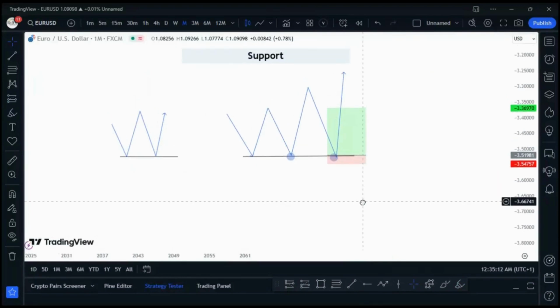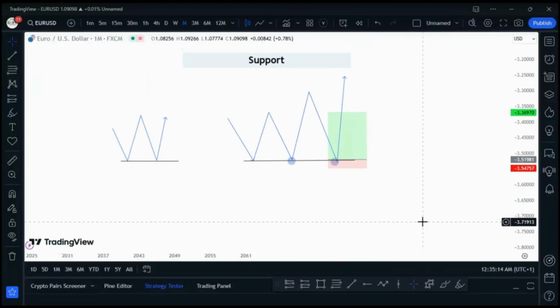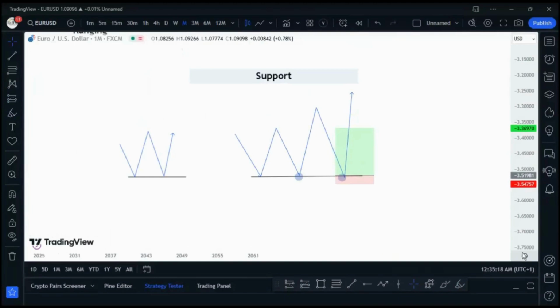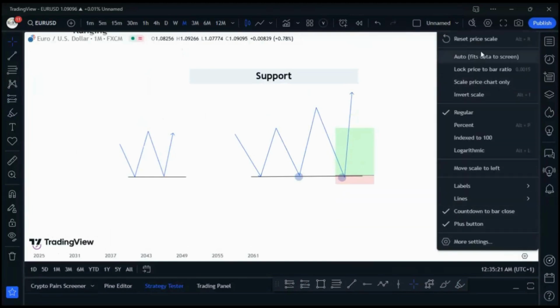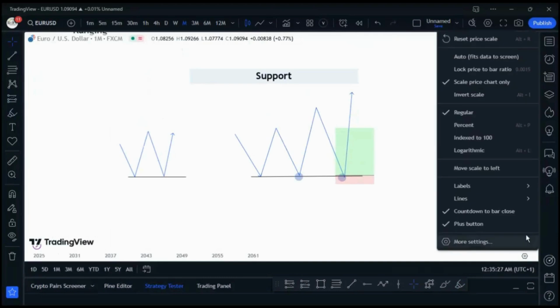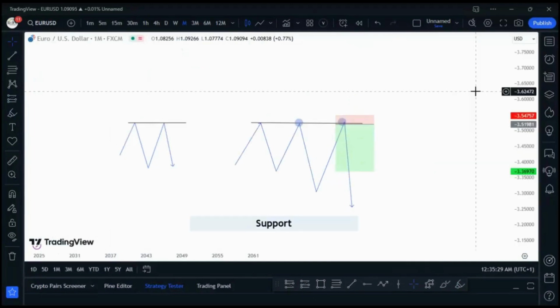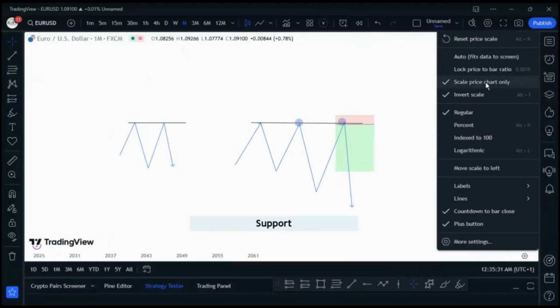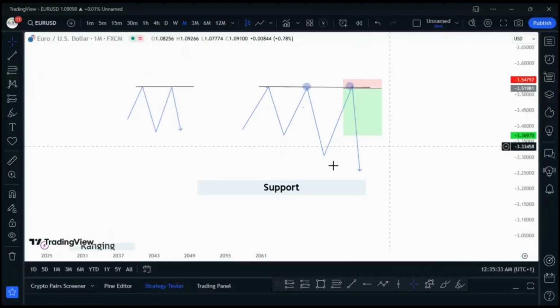And how about resistance? Resistance is simply the opposite of support. Just trying to make it easy for all.